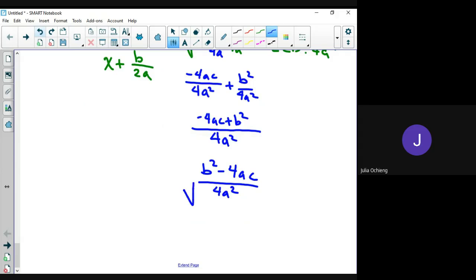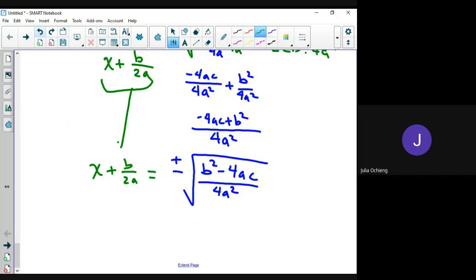And then remember that this is all under square root from before. And then you had an x plus b over 2a on the other side. I'm just bringing it down from here. I'm going to separate this into two square roots, and you'll see why in a second.